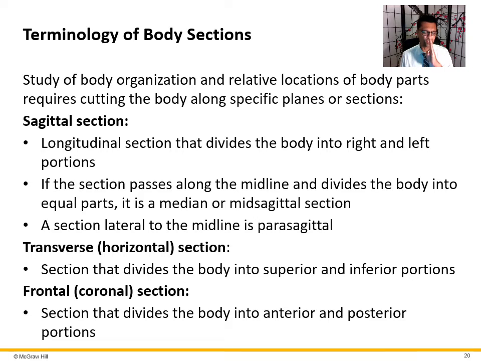So right along the middle is the mid-sagittal. But if it's away from that, this would be a parasagittal cut. A transverse cut would cut between superior and inferior. So cut this way. And then a frontal cut or a coronal cut would divide my body into anterior and posterior portions.